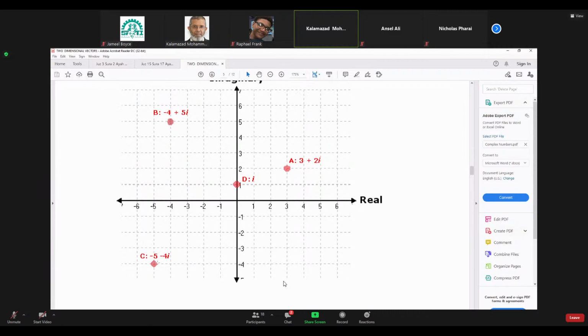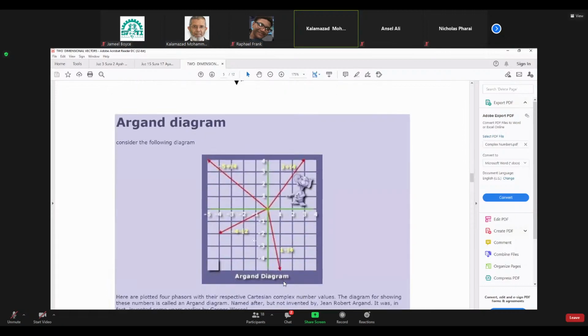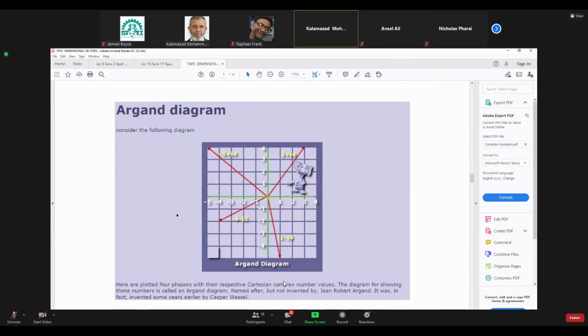This is just representing 4 points on a Cartesian plane. Similarly, if you draw these lines and you do not put an arrowhead, then it is not a phasor. A phasor indicates that it must have an arrowhead. So we'll have both magnitude and direction for our complex numbers on an Argand diagram. Okay, everybody okay with that?